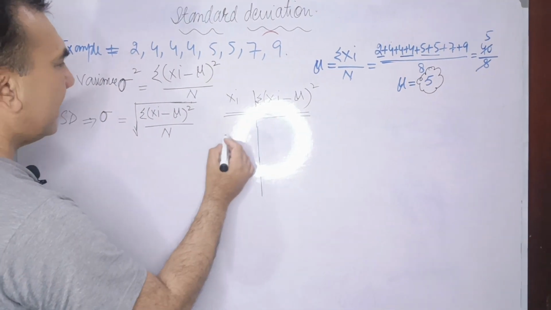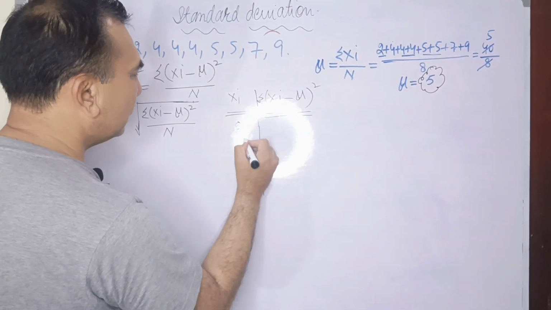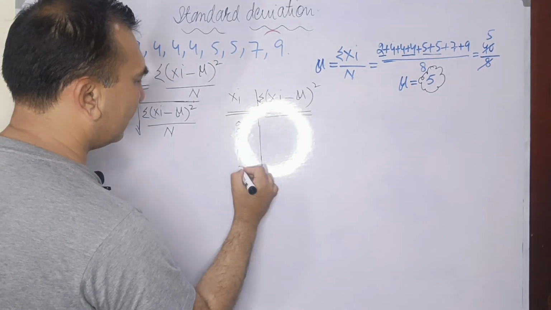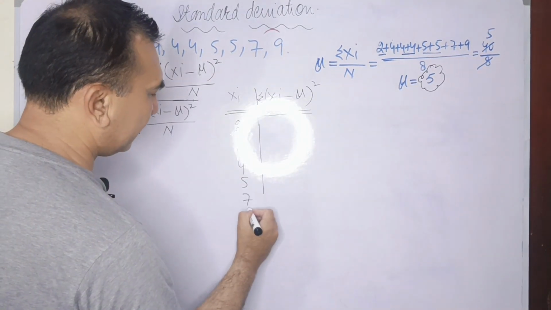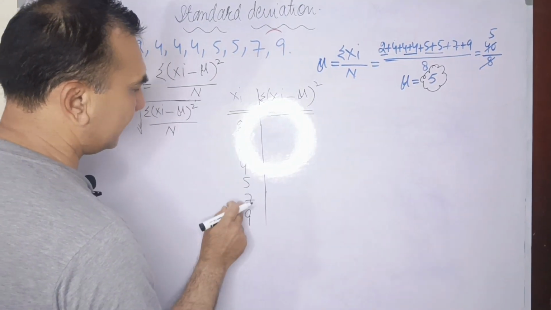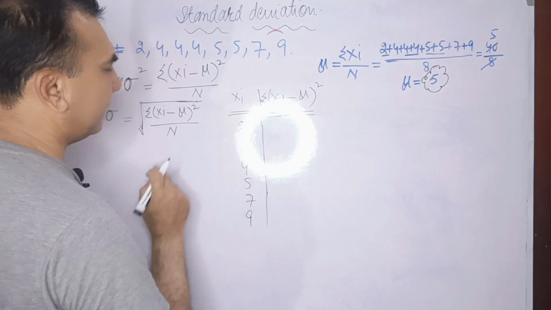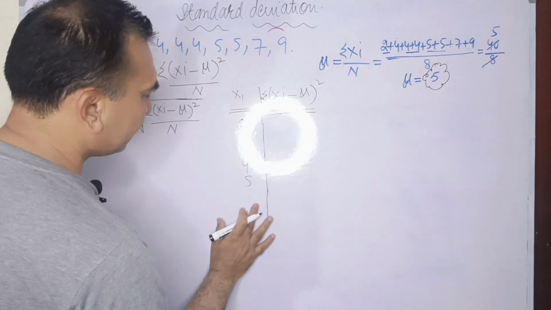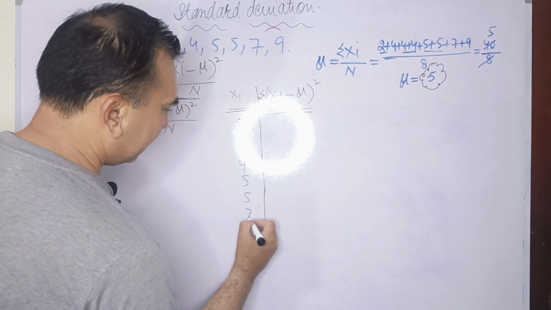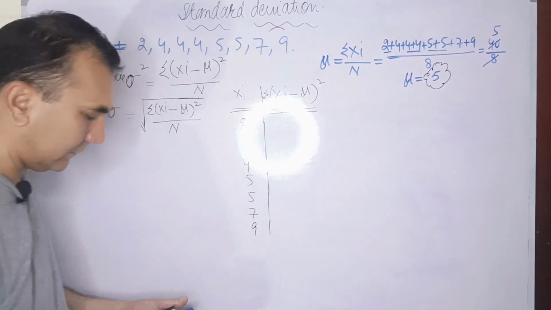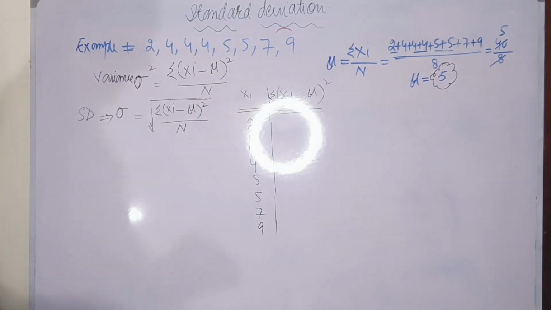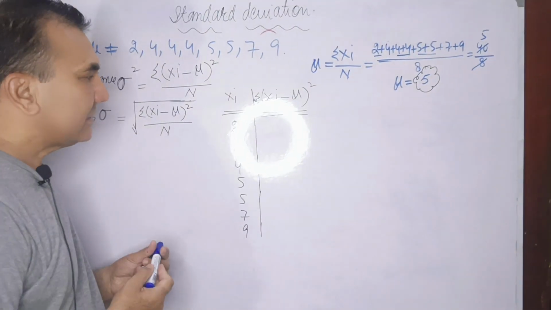The xi values are 2, 4, 4, 4, 5, 5, 7 and 9.